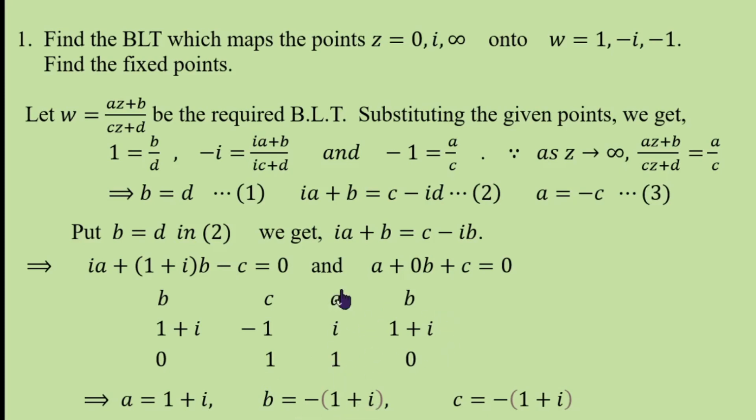And C is the determinant of A and B, that is 0 minus (1 plus i). Here the common term is 1 plus i, and you can cancel it. Therefore, A is 1, B is minus 1, C is minus 1. Or you can write A is minus 1, B is 1, C is 1. Since B equal to D, D is also 1. So, minus 1, 1, 1, 1.